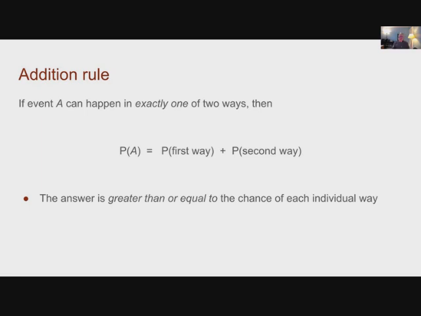When you think "or," it's going to be addition. It becomes harder when you string events together, A and B and C. The probability of all of them being satisfied tends to go down, and with "or," you're doing addition, so the probabilities become more likely.